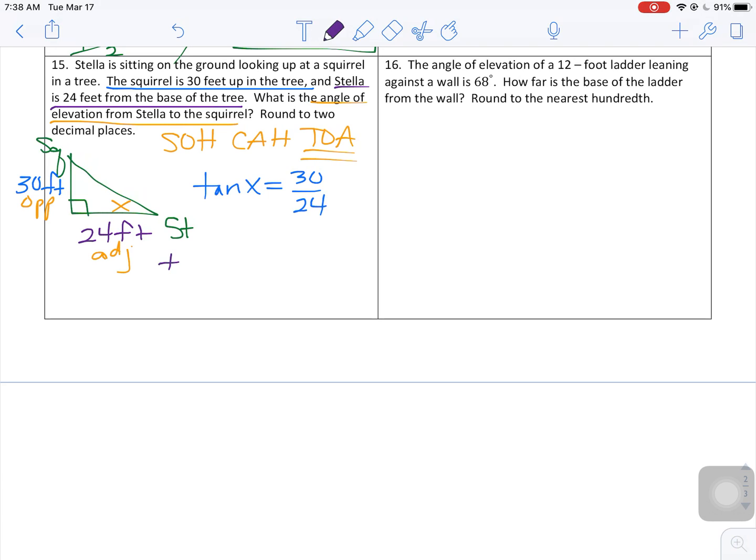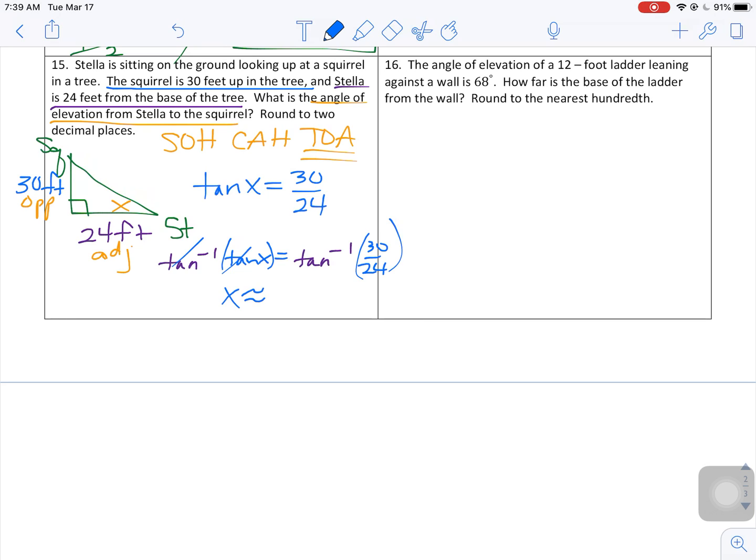So I'm going to do inverse tangent on both sides of the equation, because that's how I can cancel out the tangent that is currently attached to the x. When you're using your calculator, make sure you are in degree mode as opposed to radian mode, because you're going to get the wrong answer if you are in radian mode on this one.